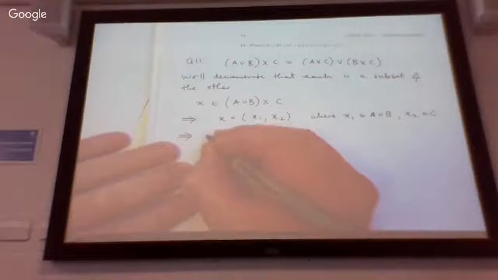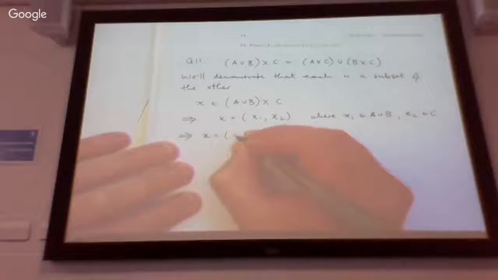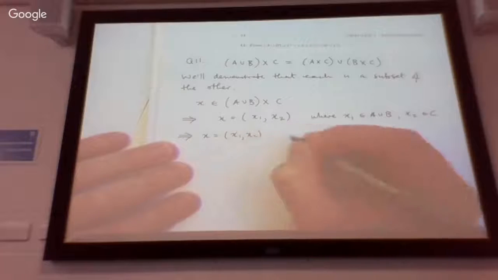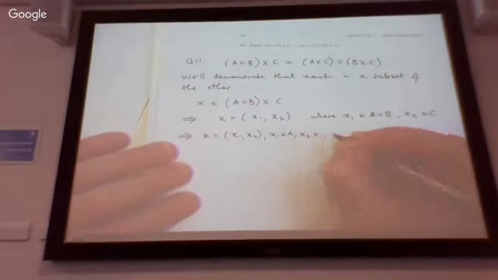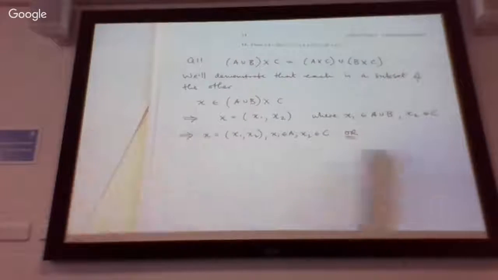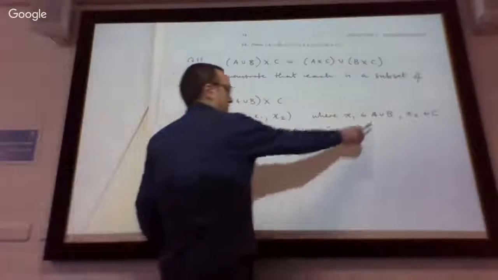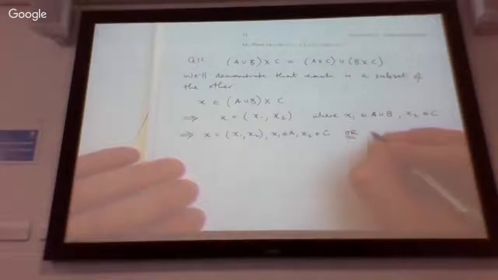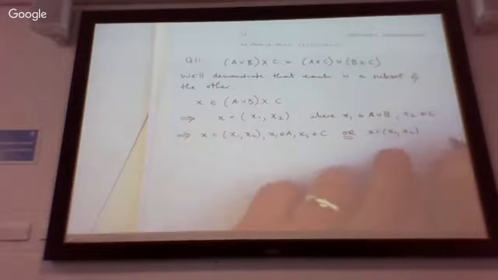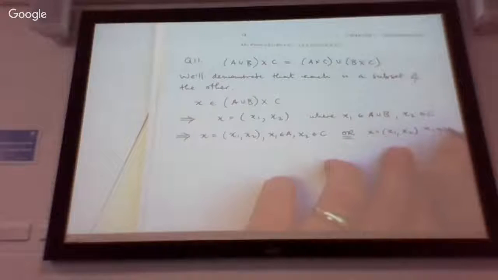So we can say that it's either the case that x is (x1, x2) where x1 is in A and x2 is in C, or, so this union set operator in effect becomes this logical OR operator, or it's the case that x is (x1, x2) where this time x1 is in B and x2 is in C.